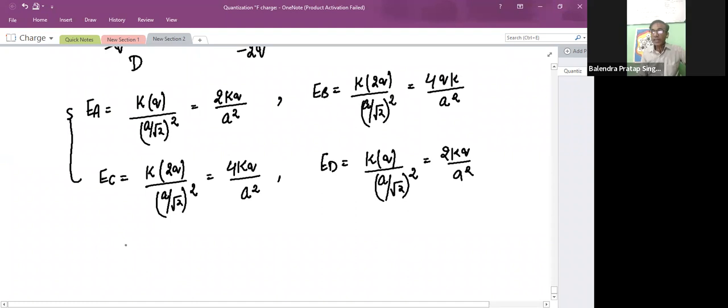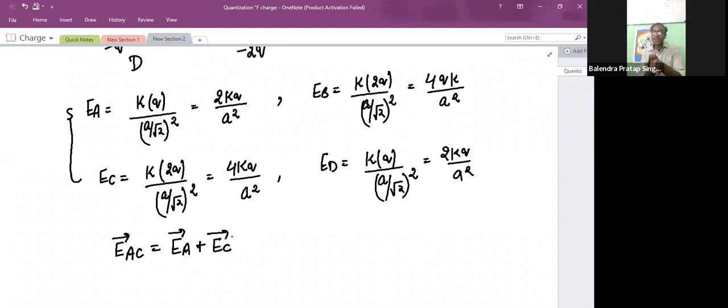So the net electric field due to EA and EC, that is vector EAC, is the sum of vector EA plus EC, and here I will apply the vector addition rule. What is the vector addition rule?